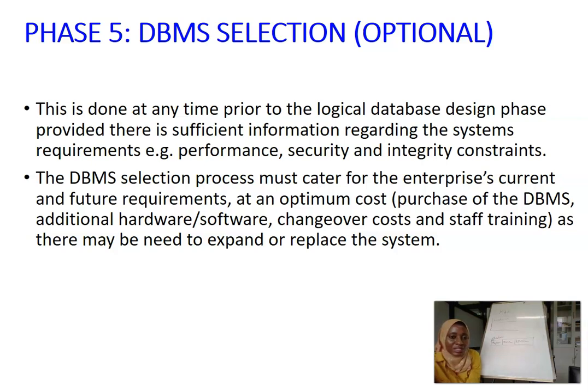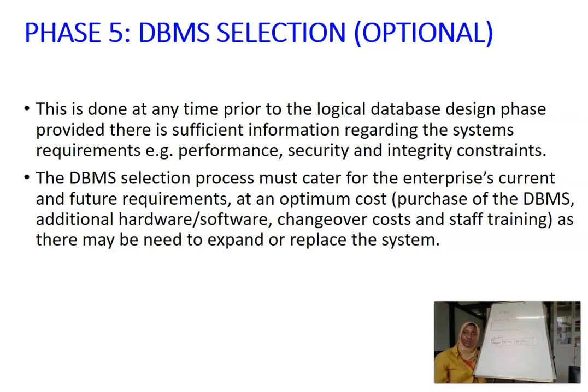Then we have the database management system selection, that is the selection of the database management system. This one is an optional phase, but you need to know, are you going to use DB2? Are you going to use MySQL? Are you going to use SQL? Are you going to use Oracle? So at this stage, you need to identify which particular database management system you're going to have.